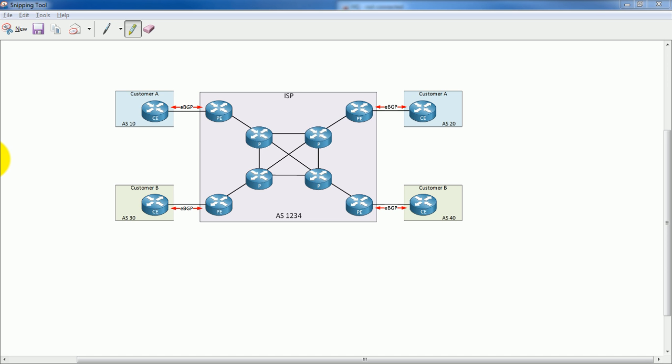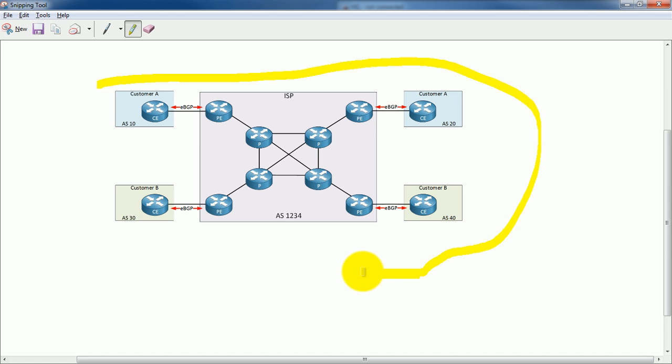The first thing, we have to answer the question why we need MPLS. Take a look at the following topology. Above we have an example of an ISP with two customers called A and B. The ISP only offers connectivity and no other service. It is the customer that uses the ISP to have connectivity between their sites.